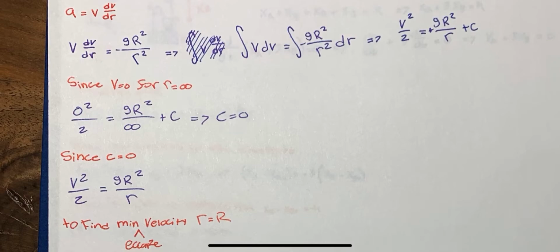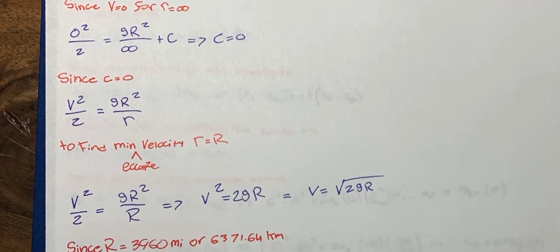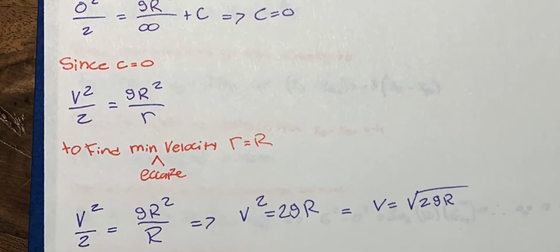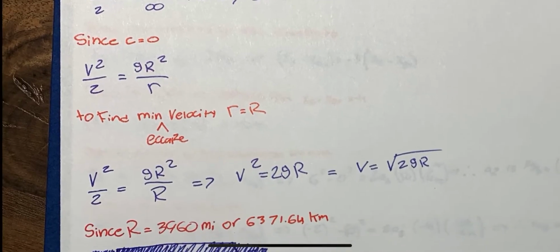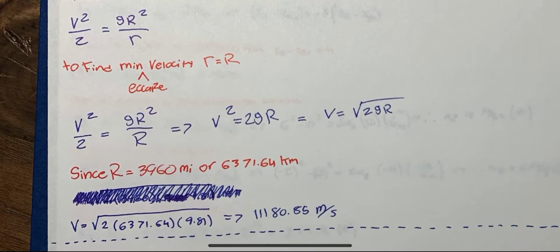Since we know v is equal to 0 for r equal to infinity, stated in the problem, we can just plug those in and come to the conclusion that c is equal to 0. And since c is equal to 0, the equation becomes this. To find minimum escape velocity, we set r equal to R, since that's where we're trying to reach.